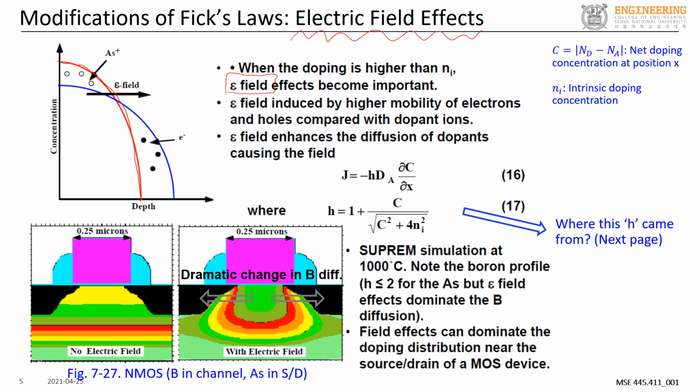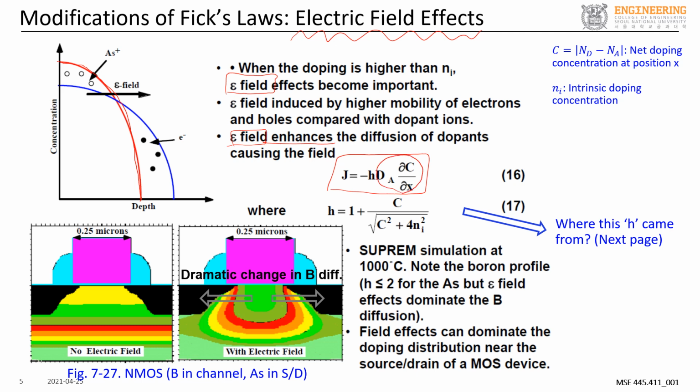And this E field actually changes the diffusivity for a dopant. So this E field can enhance the diffusion. And this is the kind of model we typically use. So you can see that it's almost the same.